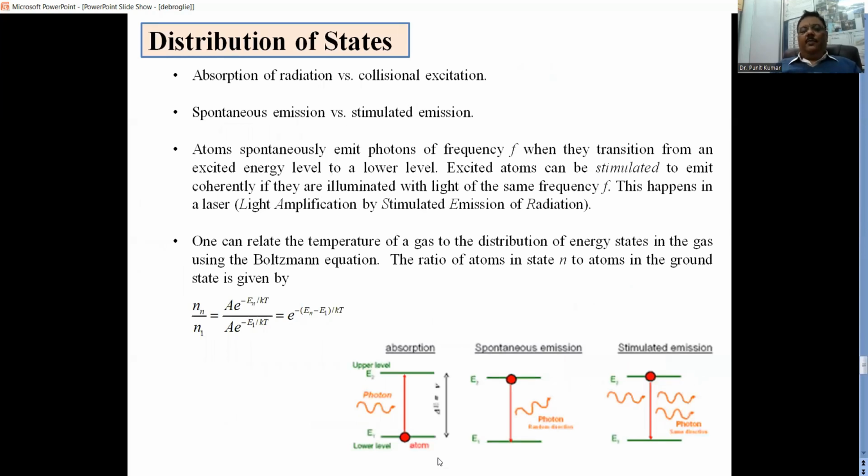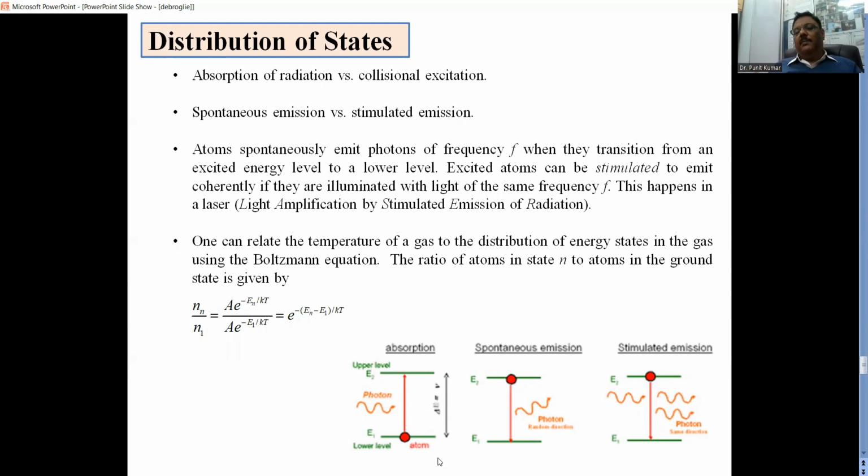So now we have three processes: absorption and emission, and emission is of two types: spontaneous emission and stimulated emission. Absorption takes place when a photon is incident, and by absorbing that photon the electron moves from a lower to a higher orbit.